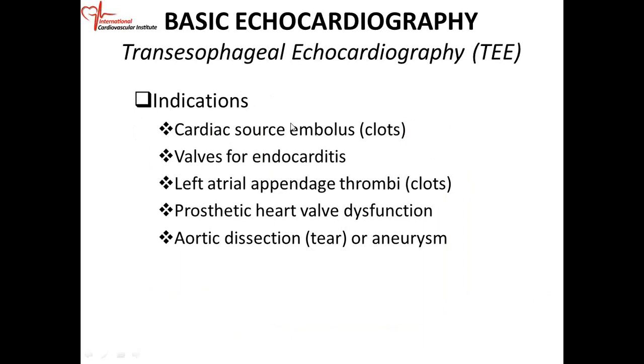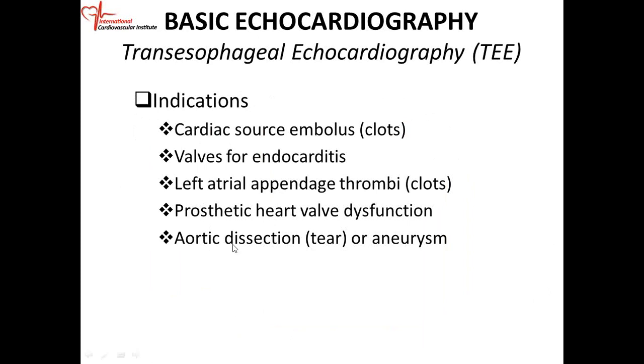When we talk about cardiac source of emboli, also if the patient has, say, a patent foramen ovale or atrial septal defect, your transesophageal echo is a very good technique to evaluate for that.